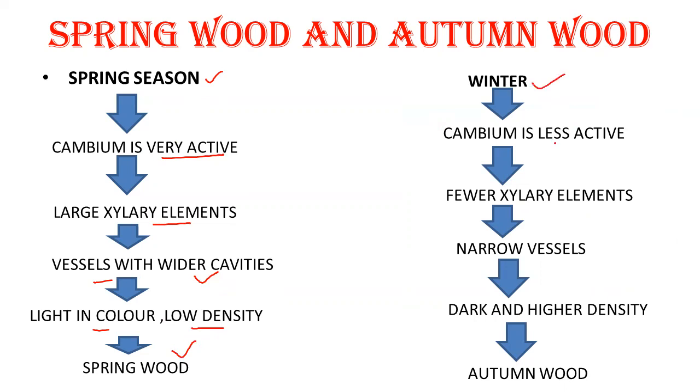But in the winter season, the cambium is less active, so fewer xylary elements are formed with narrow vessels. Due to narrow vessels, they are dark and have high density. That is called autumn wood. Springwood and autumn wood together form a concentric ring, which is called an annual ring. By counting the number of annual rings, one can estimate the age of a tree.